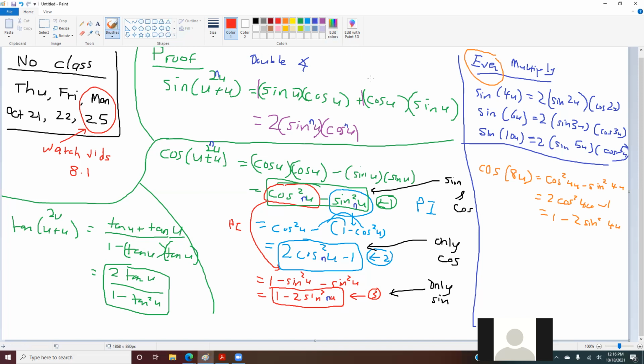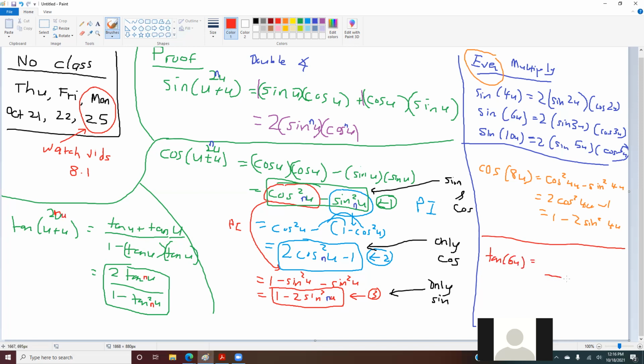And the last thing is tangent. So yes, tangent can also be used. If it's 2nu, you just change this all to nu. So if I want you to figure out what is tangent 6u, anyone got an idea?